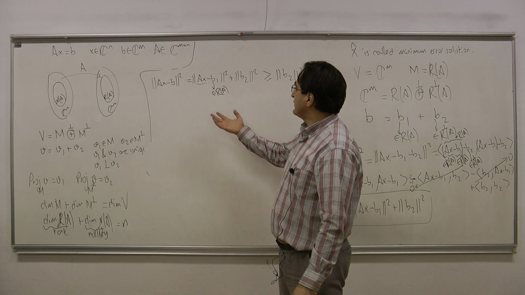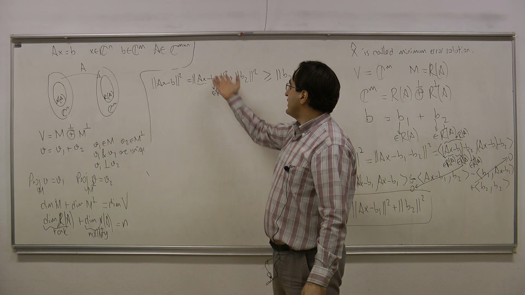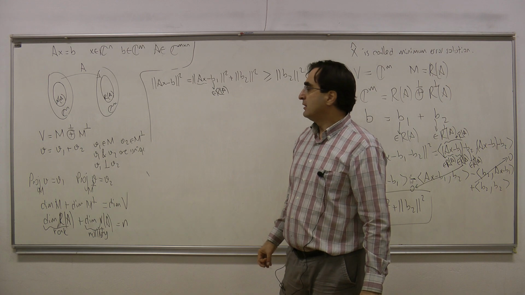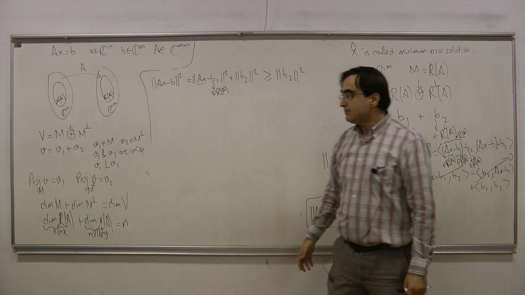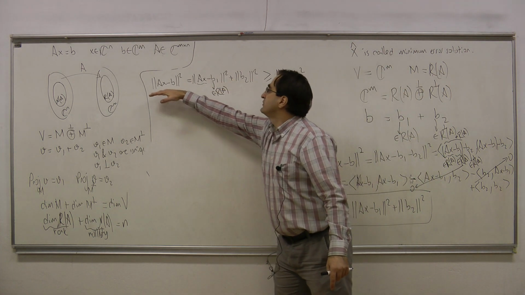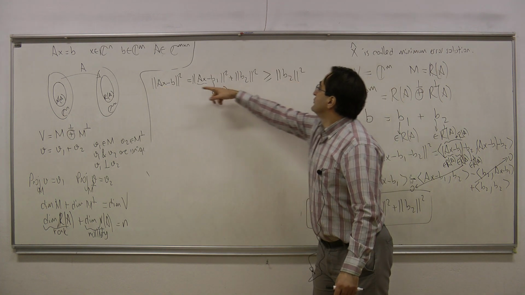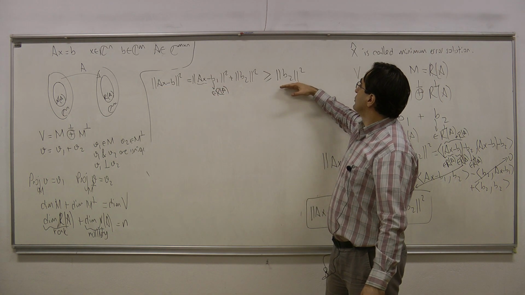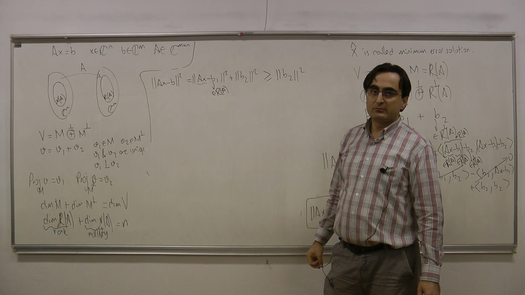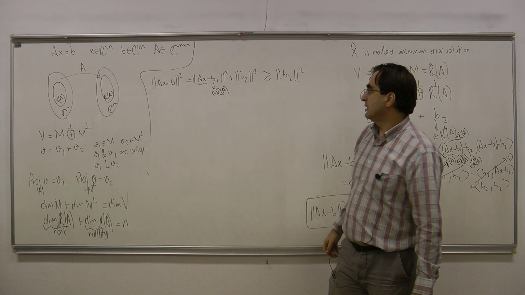There exists an exact solution to the equation ax equals b1, okay? And that is going to be minimizing this cost function, and the result of the cost function will be equal to b2 norm square, okay?